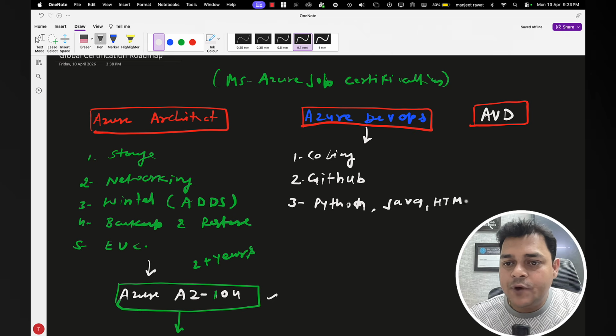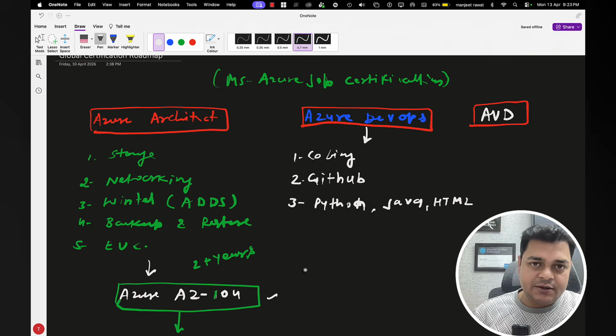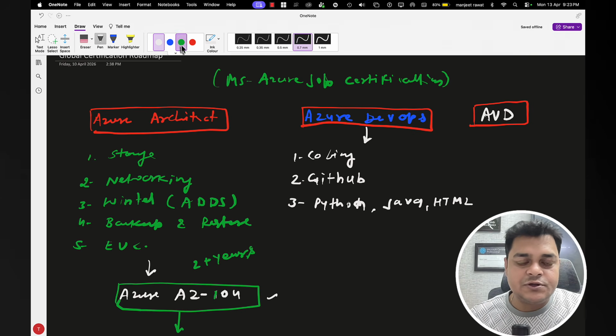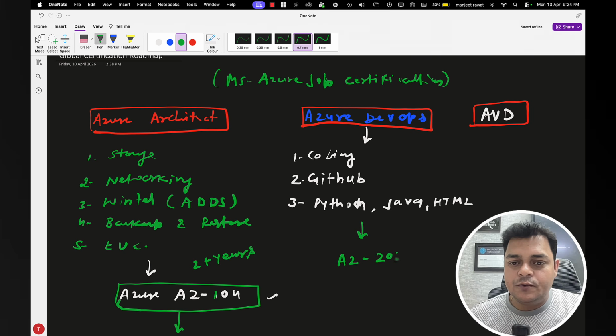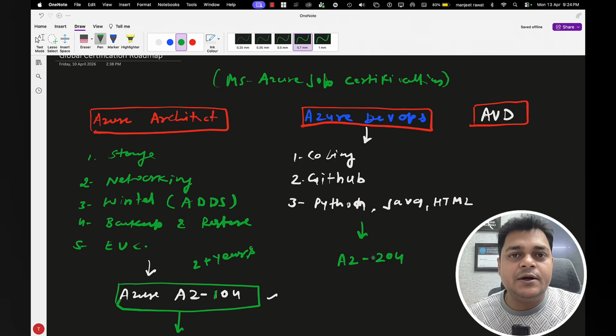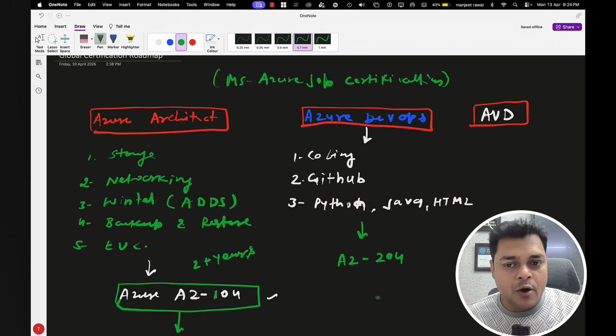So if you have an idea about these technologies or languages, you can prepare yourself for Azure AZ-204. AZ-204 is basically applicable for the fundamentals of DevOps. Once you complete your certification with AZ-204, please prepare for AZ-400.